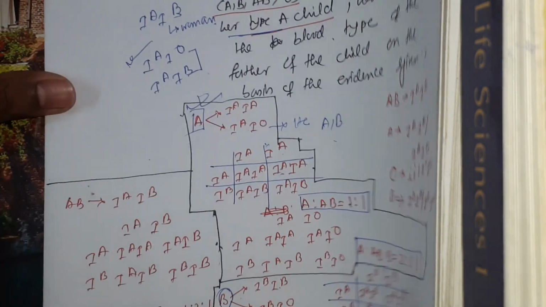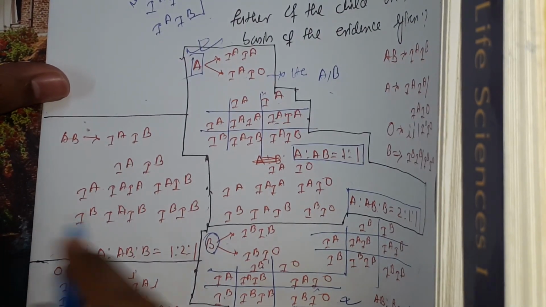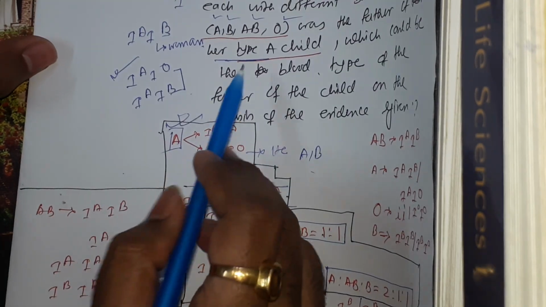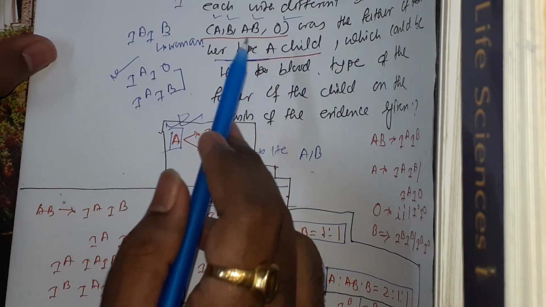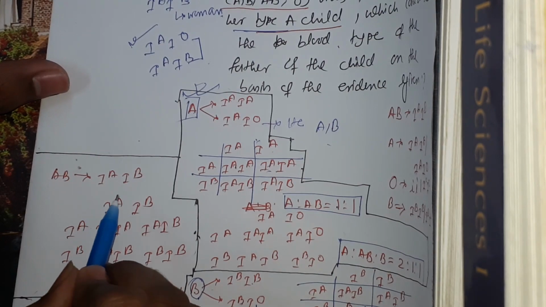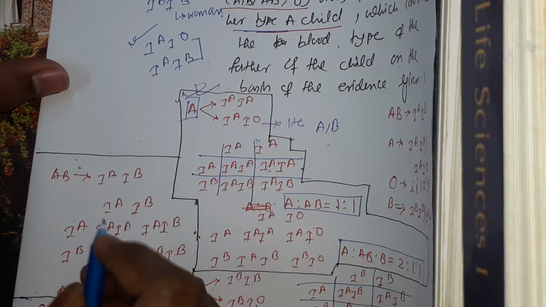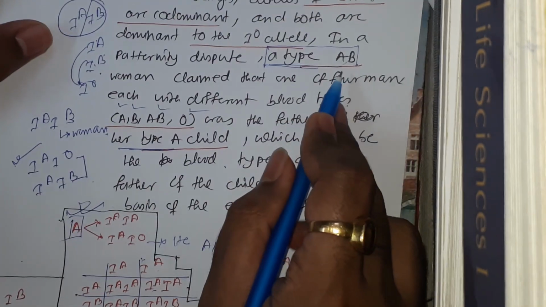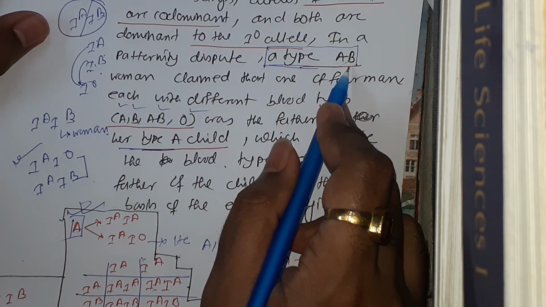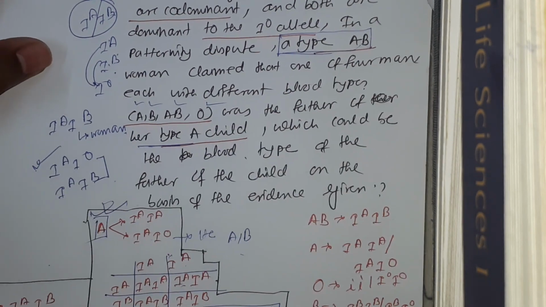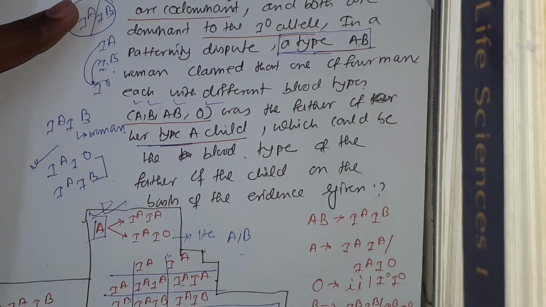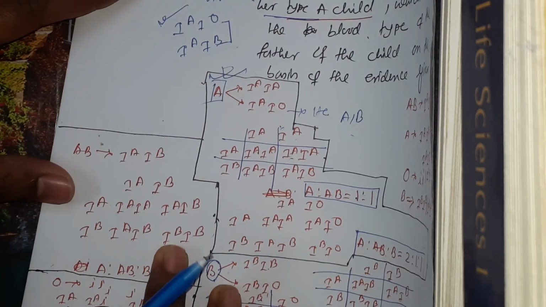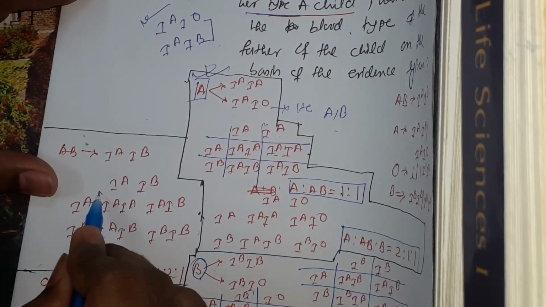Now let's move on to the next one. They are also telling us about AB. In case of AB, the genotype will be IA IB, and the genotype of the mother's blood group will also be AB, that means again IA IB. Then when we apply the Punnett square, we will have something like that.